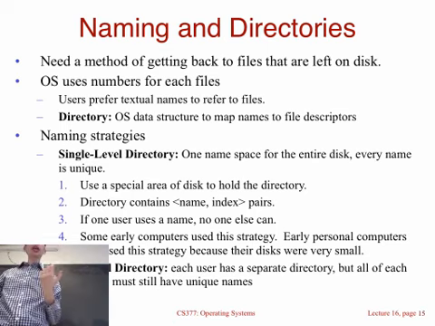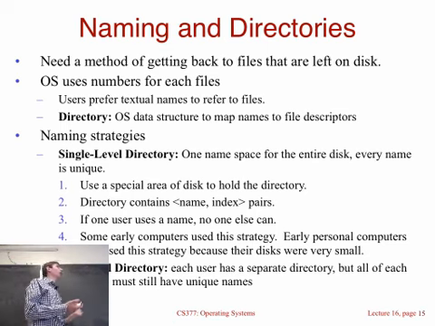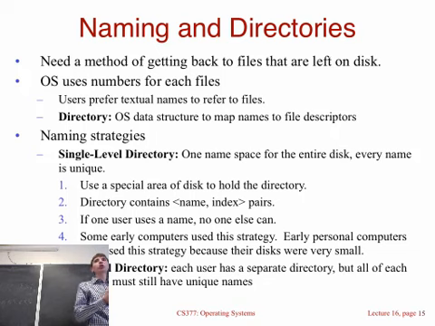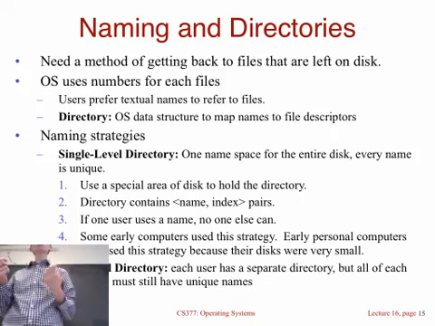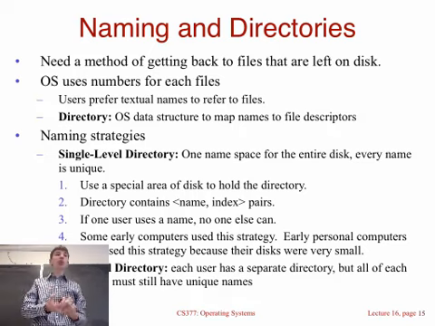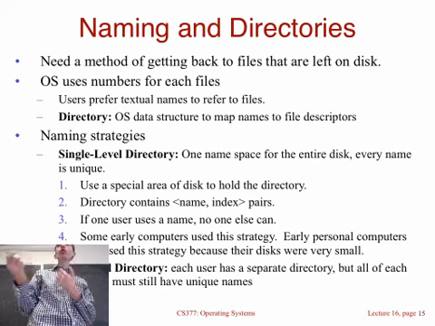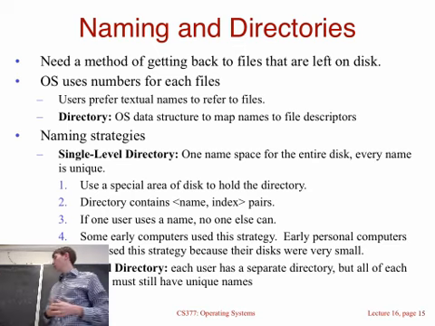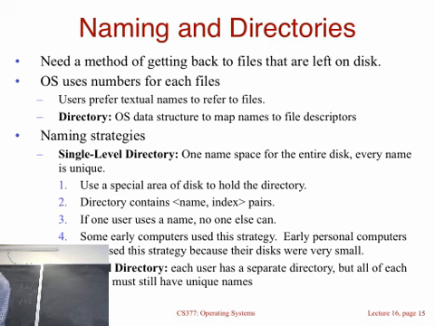So basically what the OS uses to do this is a directory. A directory is a term that we all use every day, but what a directory actually is, is an OS data structure that maps names to their actual files. The basic view of a directory is a bunch of entries with file names.